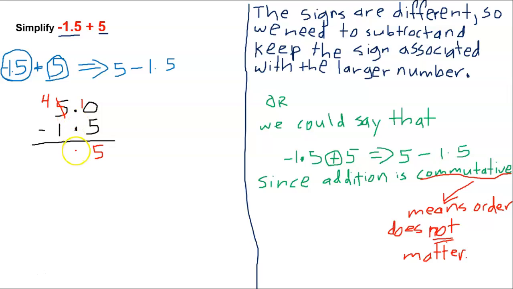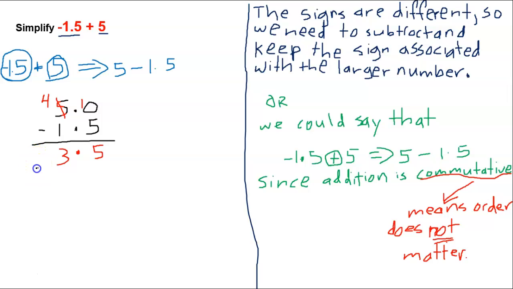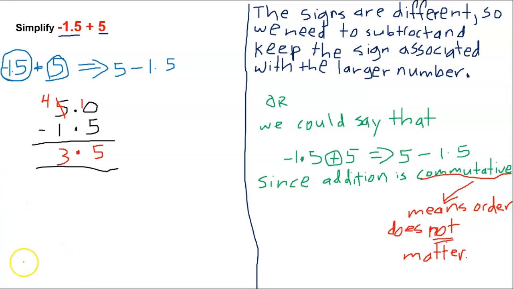10 take away 5 is 5. You bring down your point. Okay, all your points must align vertically. Then 4 subtract 1 is 3. So we get 3.5. So therefore, let me get a different color ink, especially for the visual learners.